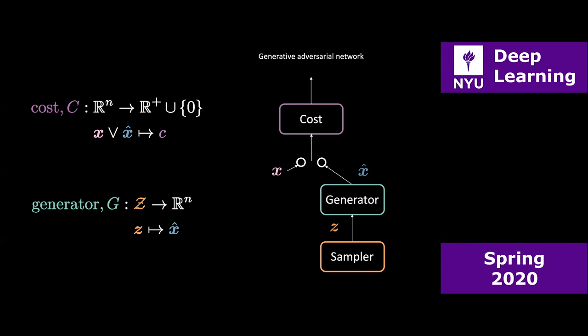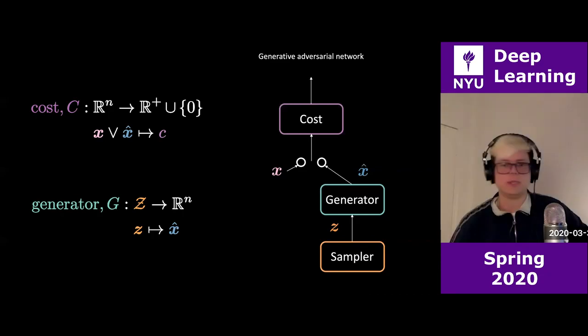Okay. Is the distribution of Z fixed? So Z actually comes from, let's say, a normal distribution. I actually don't really have anything to say about this distribution. As long as you pick your distribution, the generator will map that distribution into some X hat distribution, which will hopefully match the pink distribution of the X's.